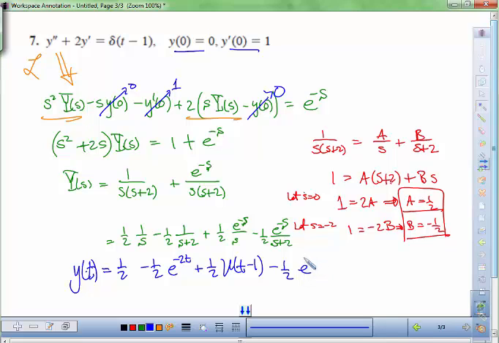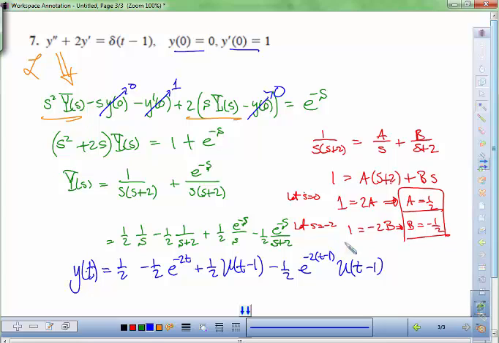So this is e to the negative 2 times t, but the t is shifted with the Heaviside function, and the shift is by 1 again. So this is t minus 1.